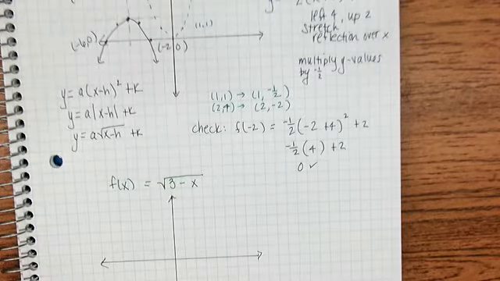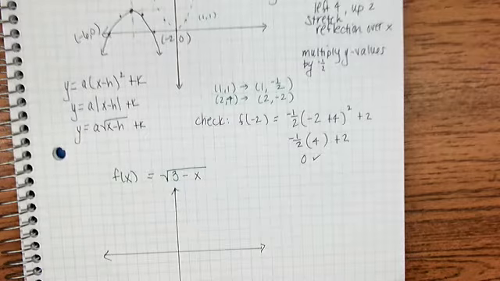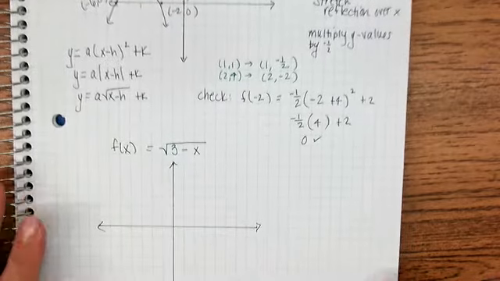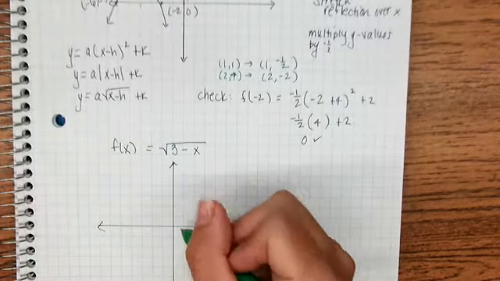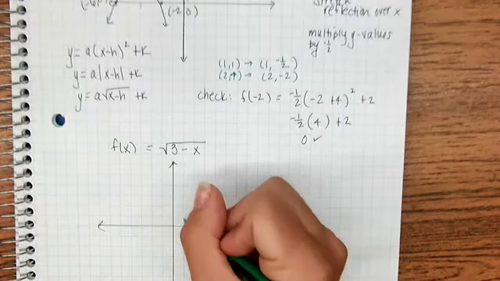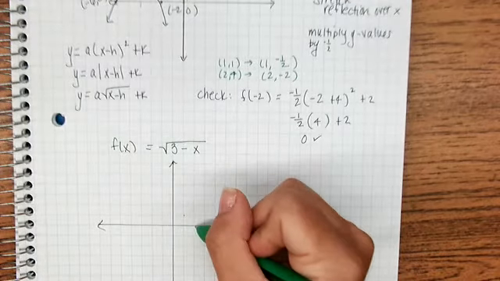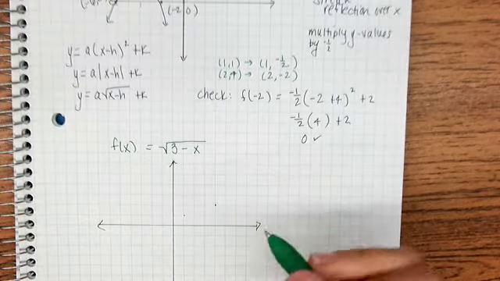All right, so normally we have the parent x root x function, which is 1, 1, 1, 2, 3, 4, 1, 2.